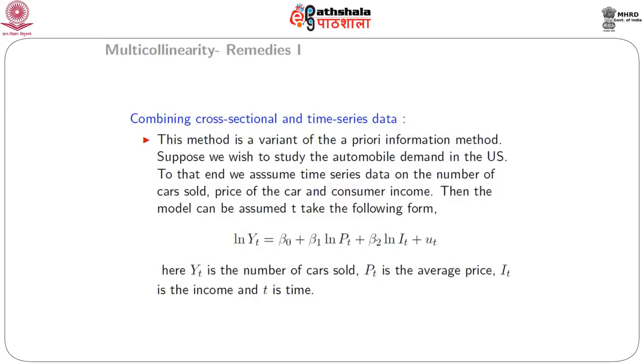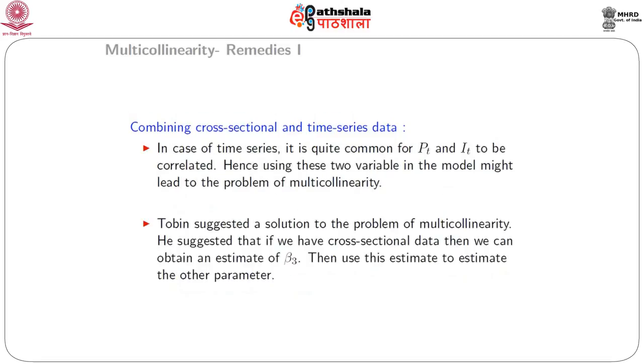And t is the time. In case of time series data, it is quite common for Pt, which is price, and It, which is income, to be correlated. If we think about it intuitively, as the income of a person goes up, then the price of the commodities that he can afford also goes up.